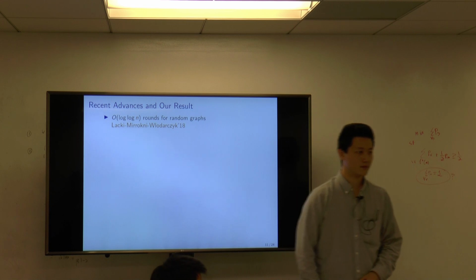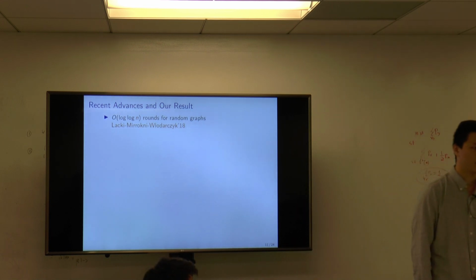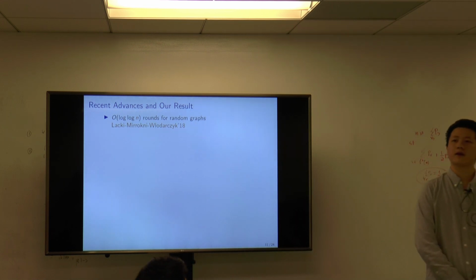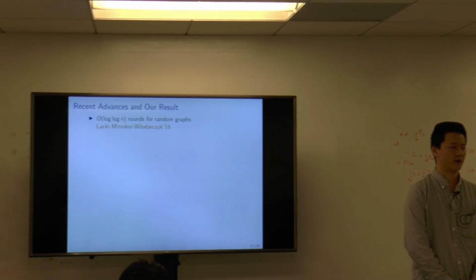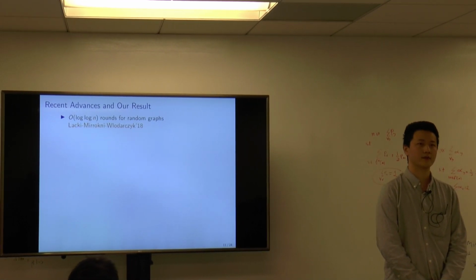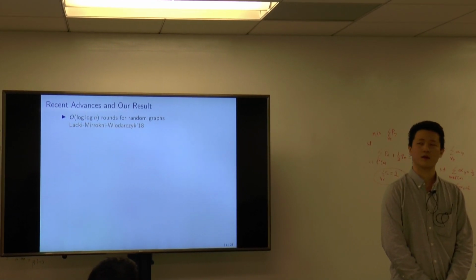Is that for any probability of edge sampling? I think the hard case is when your graph is very sparse. So I think each edge is sampled with probability log n over n, like that.